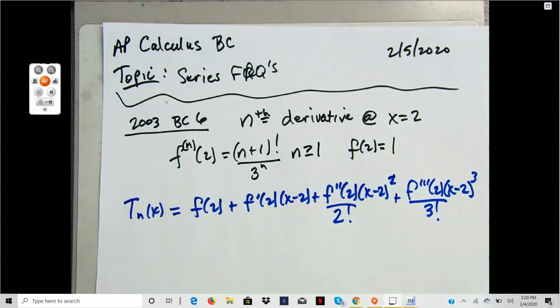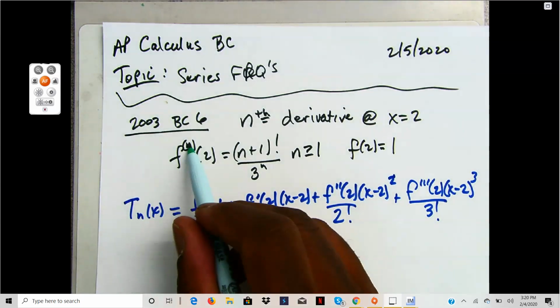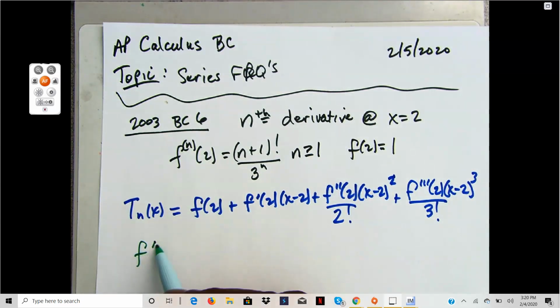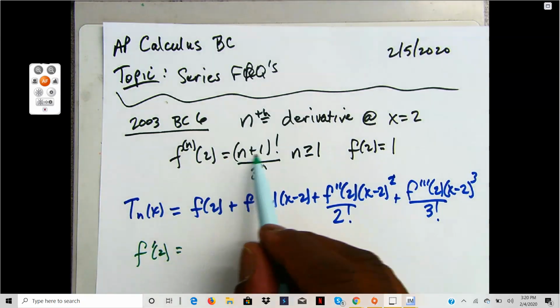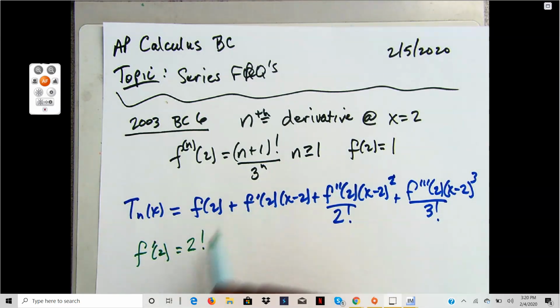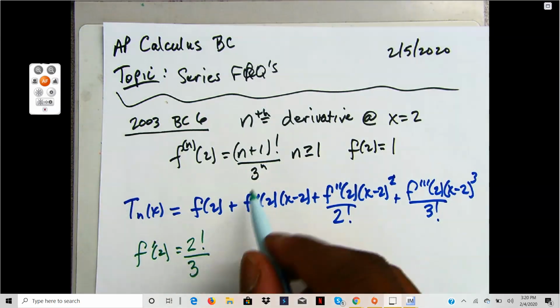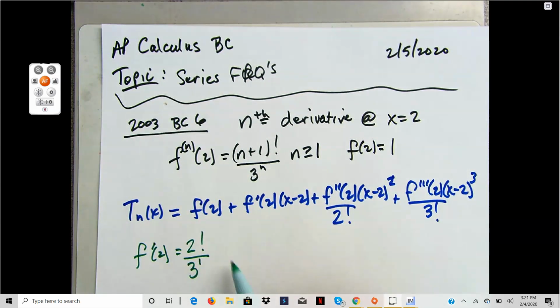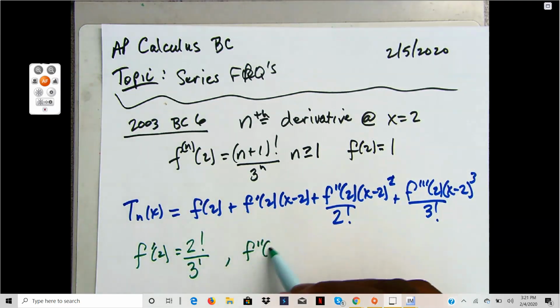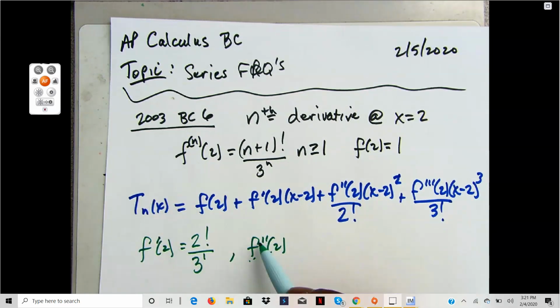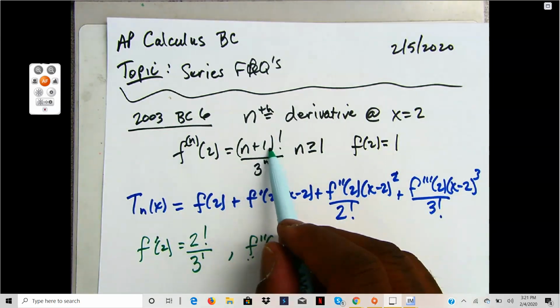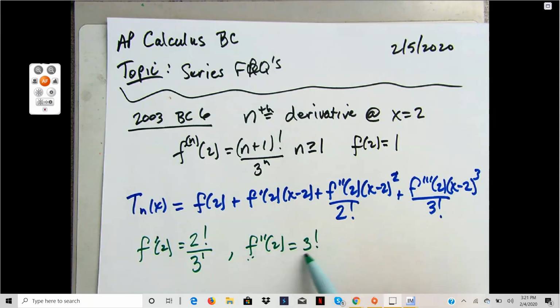So our derivatives are as follows. Our first derivative, so that's when n is 1: f prime of 2 is going to be 1 plus 1, so it'll be 2 factorial divided by 3 to the first power. f double prime of 2, the second derivative, so that's when n is 2, is going to be 2 plus 1 factorial, so it'll be 3 factorial divided by 3 to the second power.